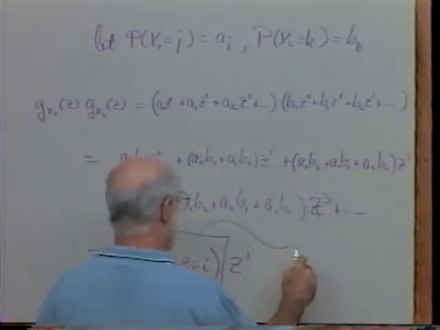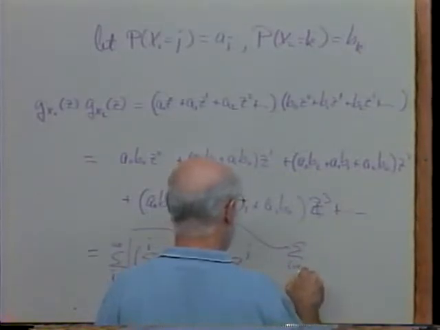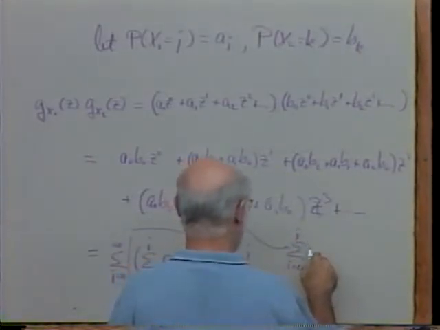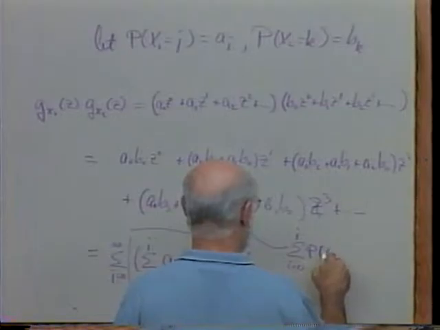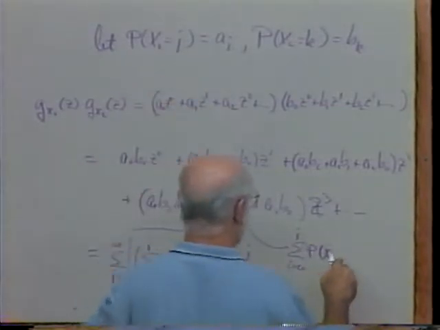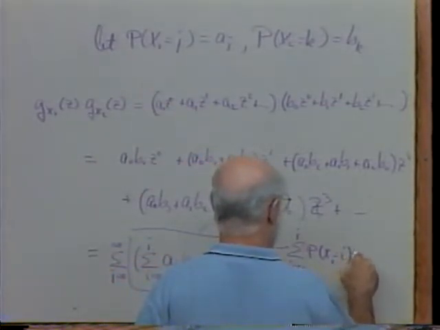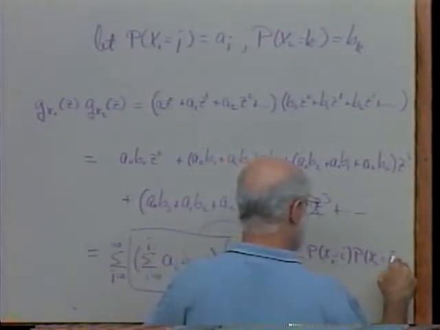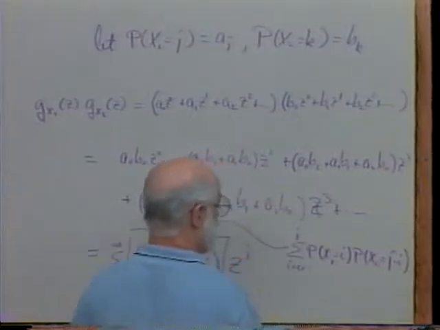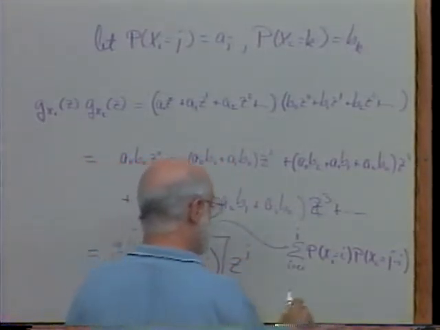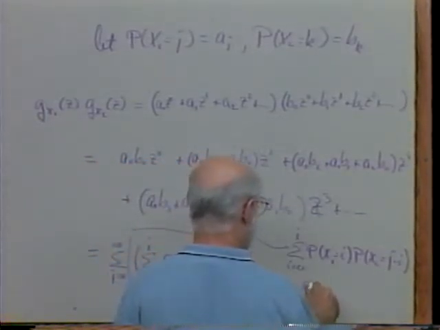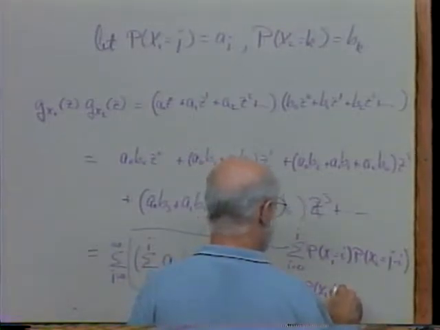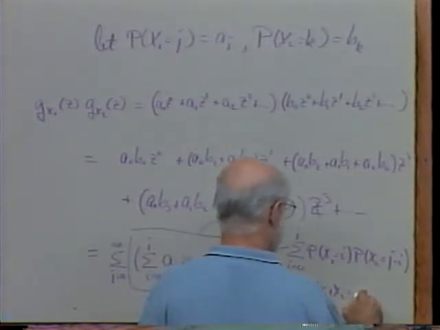That's just the sum as i runs from 0 to j of the probability that x1 equals i times the probability that x2 is equal to j minus i, which is the same thing as the probability that x1 plus x2 adds up to j.